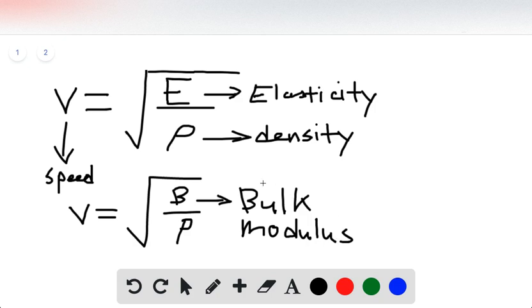Okay, so let's call these equations 1 and 2.